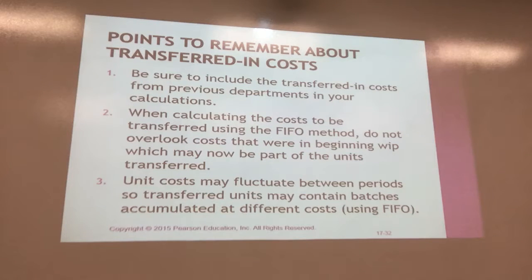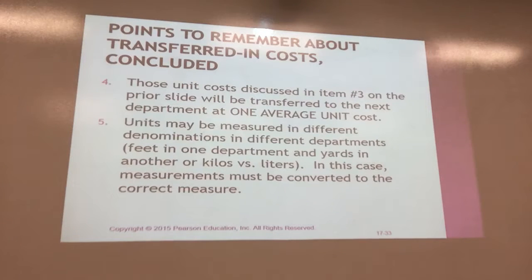And unit costs may fluctuate between periods, so transferred units may contain batches accumulated at different costs. Those unit costs discussed in item 3 on the prior slide will be transferred to the next department at one average unit cost.